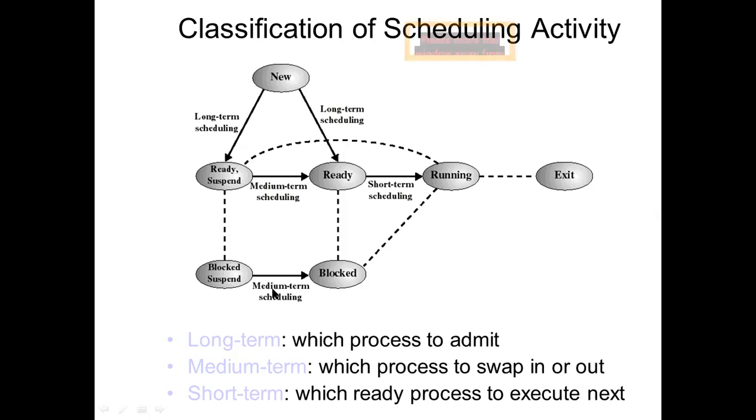Blocked suspend, medium term scheduling, will go to the blocked, and then it will return to the running state. So ready to running means your process will come inside the processor, which is short term scheduling. If the process is going inside the CPU, it means short term scheduling, and after execution it will go to the IO device.